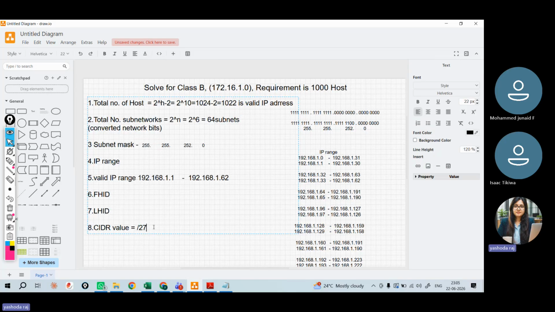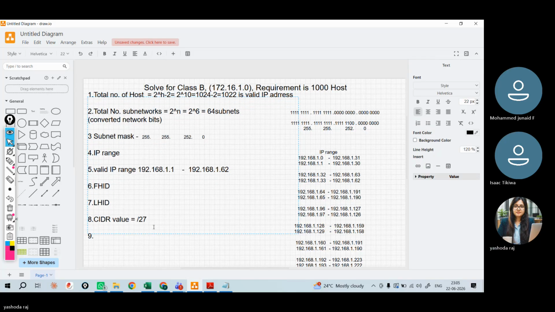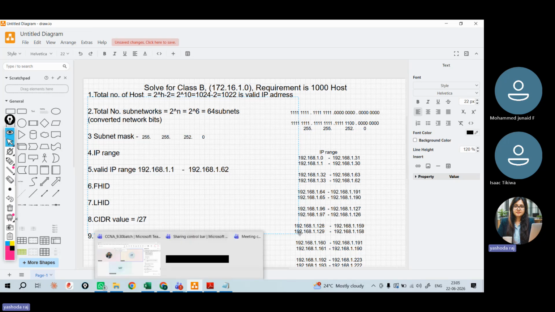I have to write it with the block size. The formula for block size is 2 power h divided by 256, which is 1024 by 256, which is equal to 4 blocks, right?